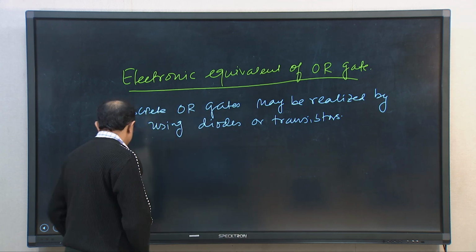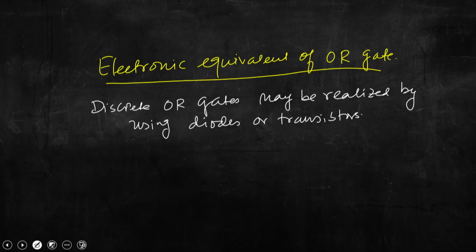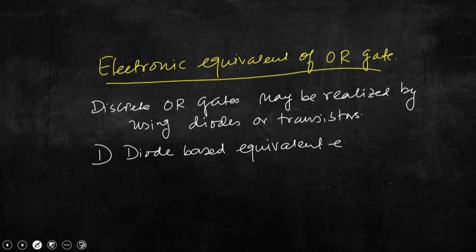Okay. So, first we consider the diode based equivalent electronic circuit, number 1, and later on we will be discussing transistors.